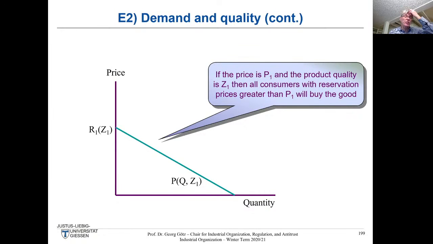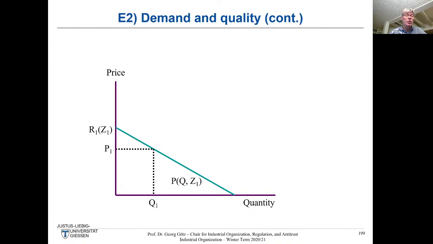Later on, I will just give you some, in a sense, micro foundation of this demand curve. So the point is, if we have some price P1 and product quality C1, then all consumers with reservation prices greater than P1 will buy the good. Okay, should be clear. So at the price P1, we sell Q1 units.